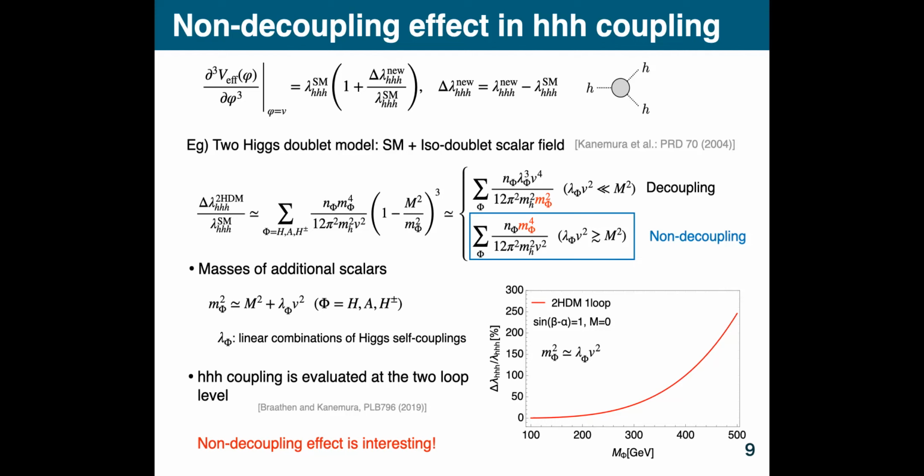In the two Higgs doublet model, in which the standard model is extended by adding an additional isospin doublet scalar, this deviation can be expressed by this formula. And M5 is the mass of the additional Higgs boson.